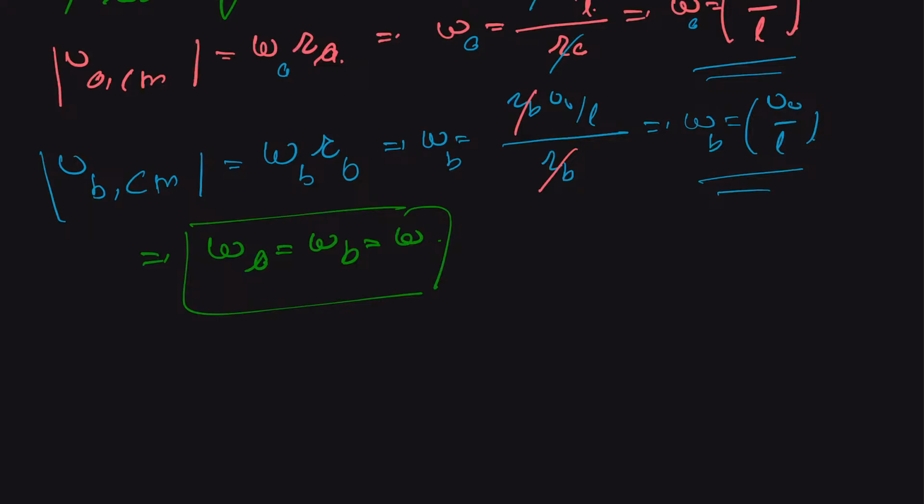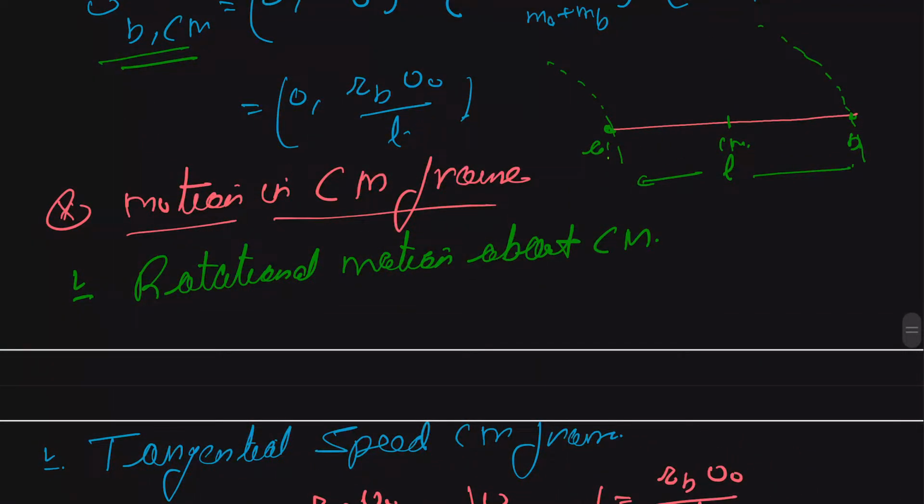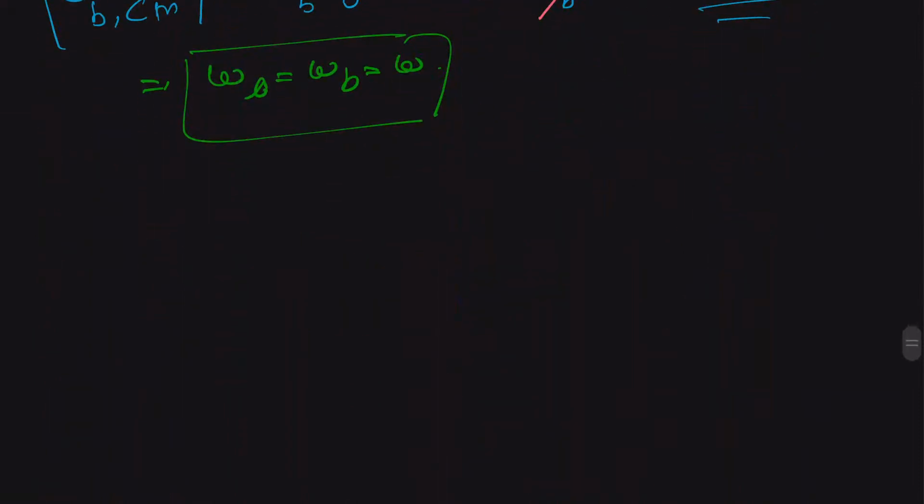Now we come to the direction of the rotation. The velocity of A will obviously be in the negative y direction and B will be in the positive y direction. So A will try to move along negative y and B will move along positive y.